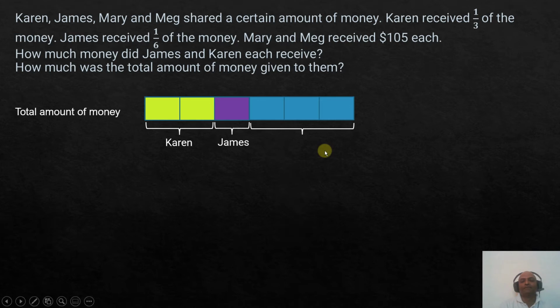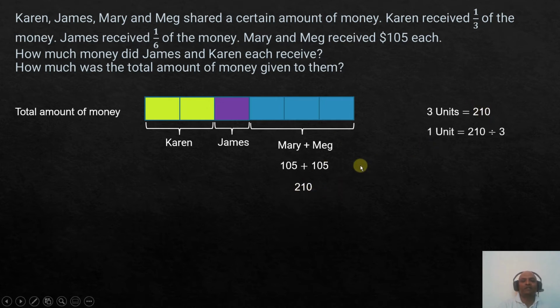So if you see here, this remaining amount is actually what is with Mary and Meg, and that is $105 each. So 105 plus 105 is $210. So now we find that the 3 units here is equal to 210.